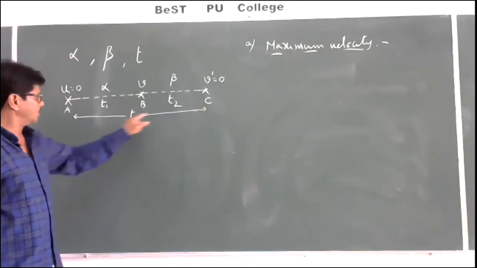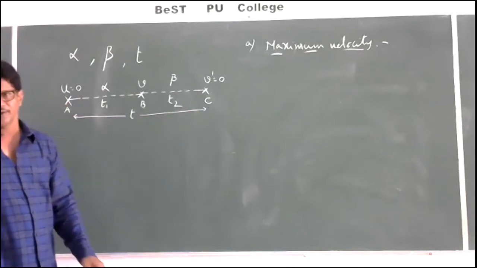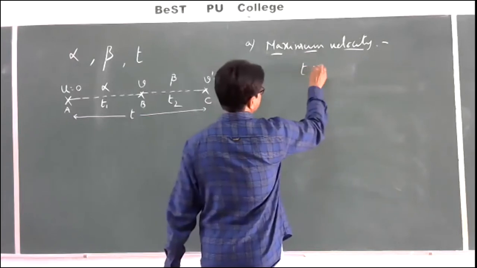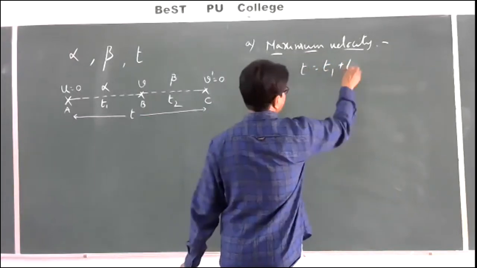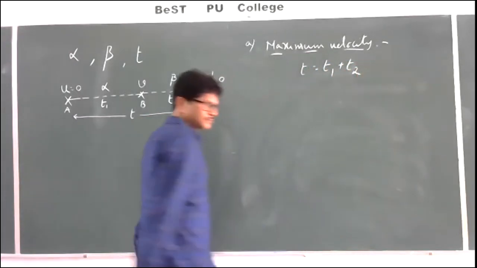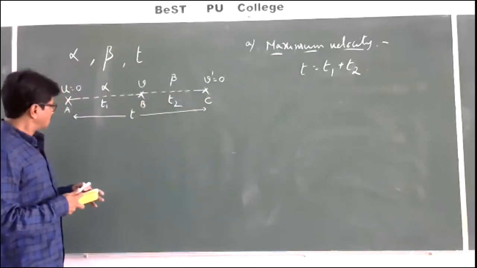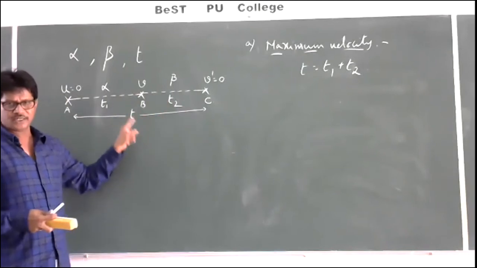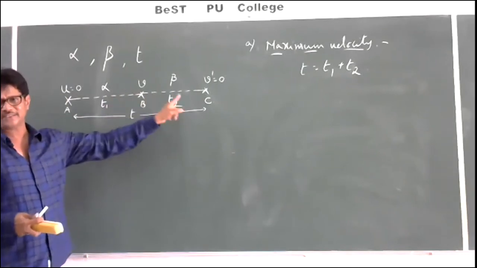The total duration is T. If I write T is equal to T1 plus T2, I hope you don't have any problem. Total time is the sum of these two times.